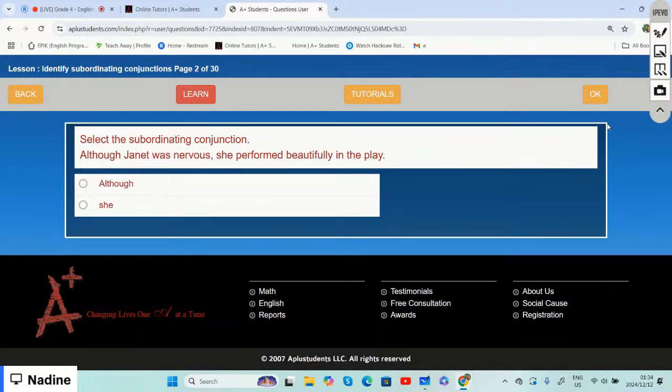Let's go into the next one. Although Janet was nervous, she performed beautifully in the play. We need to select the subordinating conjunction.